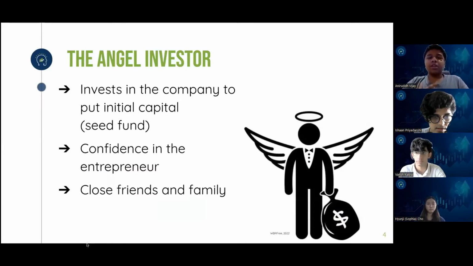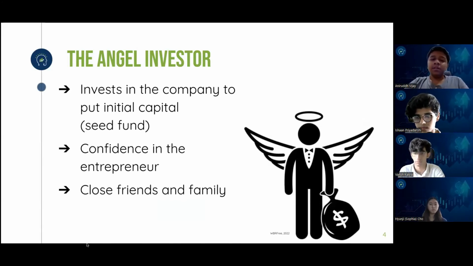Well, that's where the angel investor comes in. This is usually the first step for a company to start up. An angel investor is usually a person who is either close friends or family of the entrepreneur. These people are investors who invest in the company because they believe it can succeed. Essentially, angel investors are individuals who have faith in the company's success rather than the company's value.